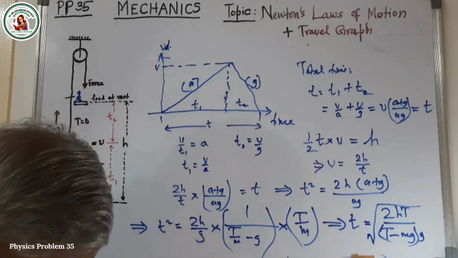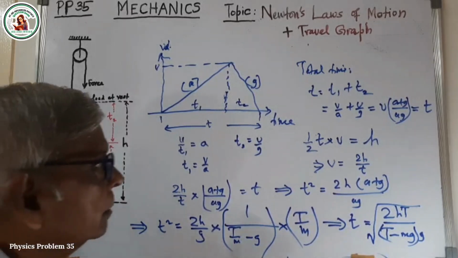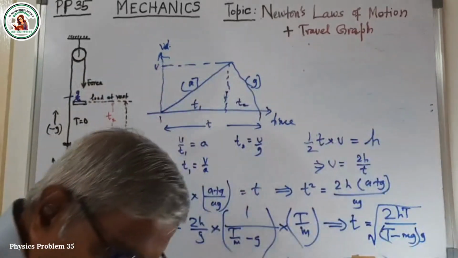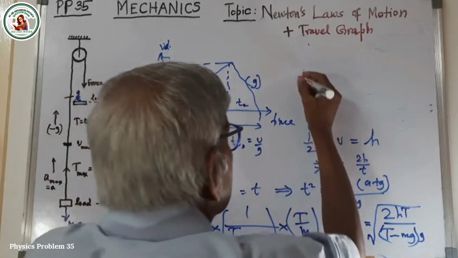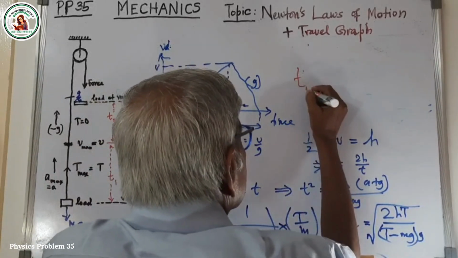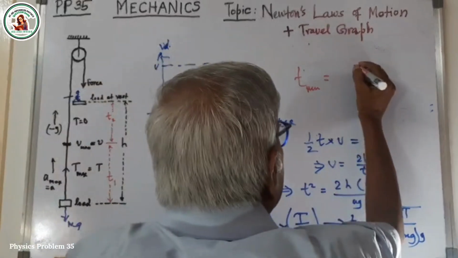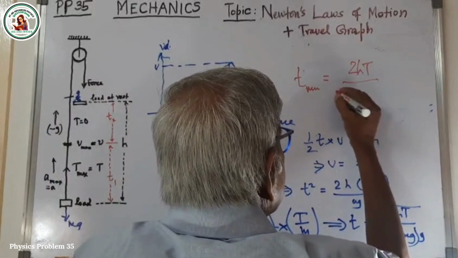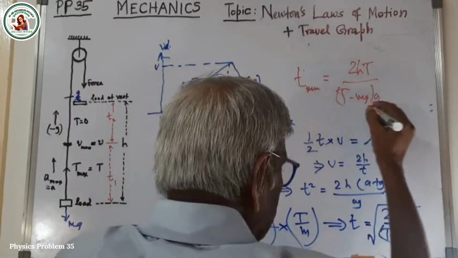Let me rewrite the answer. Our final answer: t minimum is equal to the square root of 2hT by (T minus mg) into g.